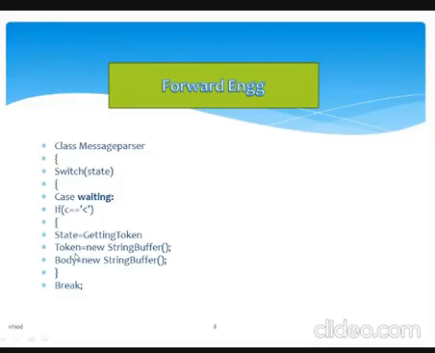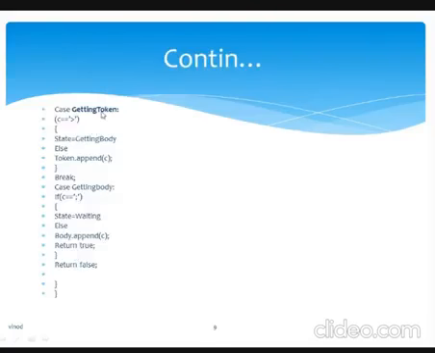Whenever it is in the getting token state and receives a greater than symbol, it will change its state from getting token to getting body. As long as it has not received the greater than symbol, it will append the string. Whenever it is in the getting body state and receives a semicolon, it will go again to the waiting state.